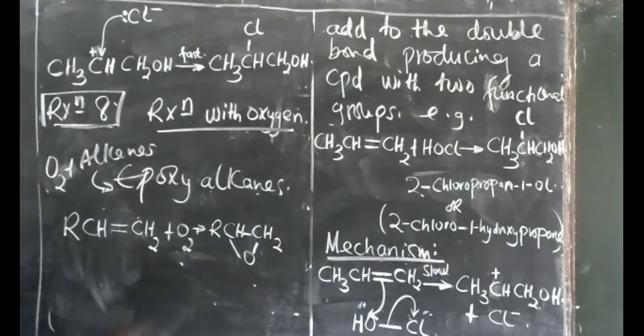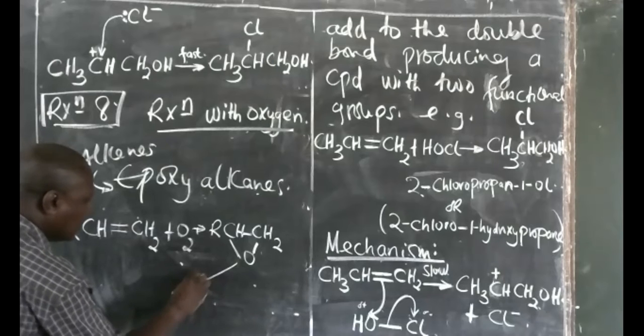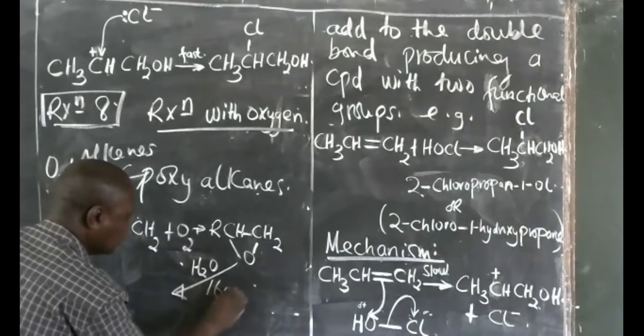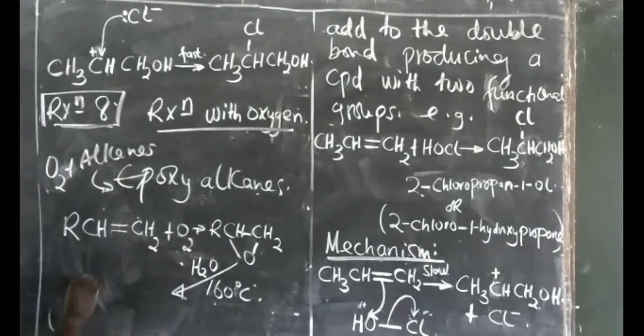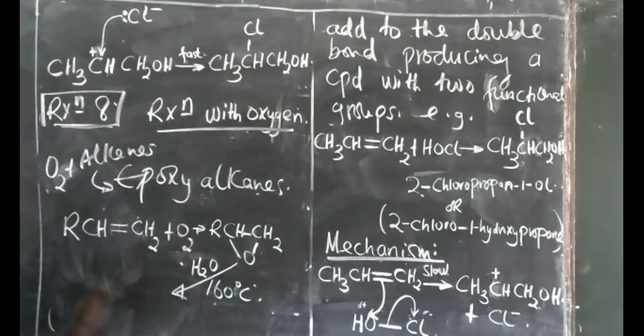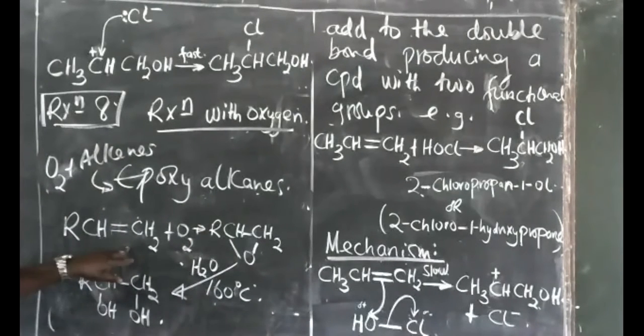Then the epoxy alkane can then react with water at a temperature of around 160 degrees centigrade to give us a diol. So this one is going to react with water at 160 degrees to give us R, CH, OH, CH2, OH. So you can use this reaction in order to produce diols.